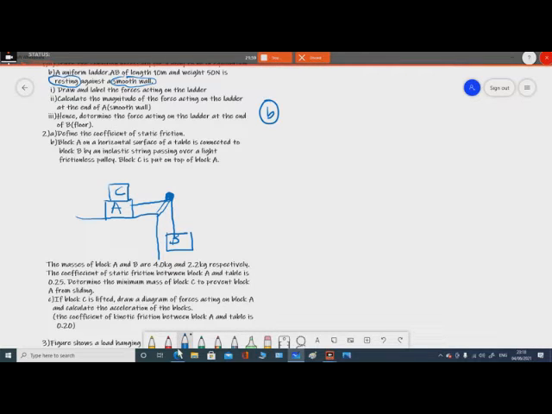Block C is put on top of block A. This is block C, this is block A, and this is block B. The mass of block A is 4.0 kg and the mass of block B is 2.2 kg respectively.